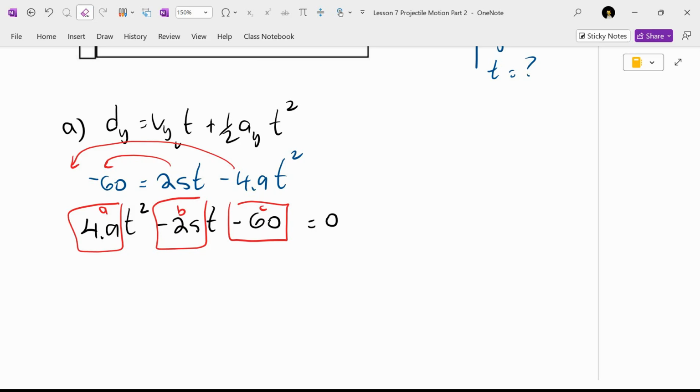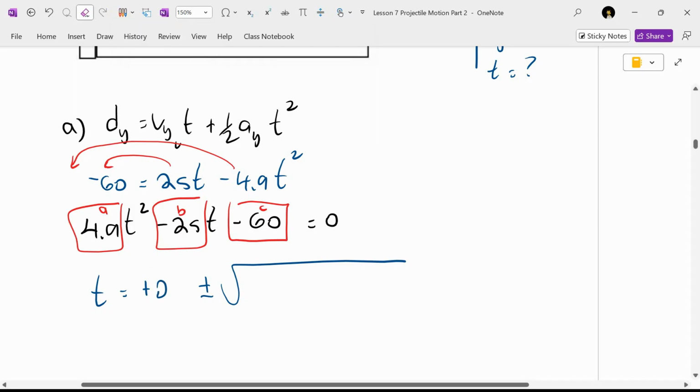Now, those of you that have the built-in solver will be done in about 10 seconds. The rest of us, we've got to do this the long way. t equals negative B, that's going to be positive 60, plus or minus the square, no, negative B, Mr. Dueck, not, geez, it's going to be positive 25, Mr. Dueck.